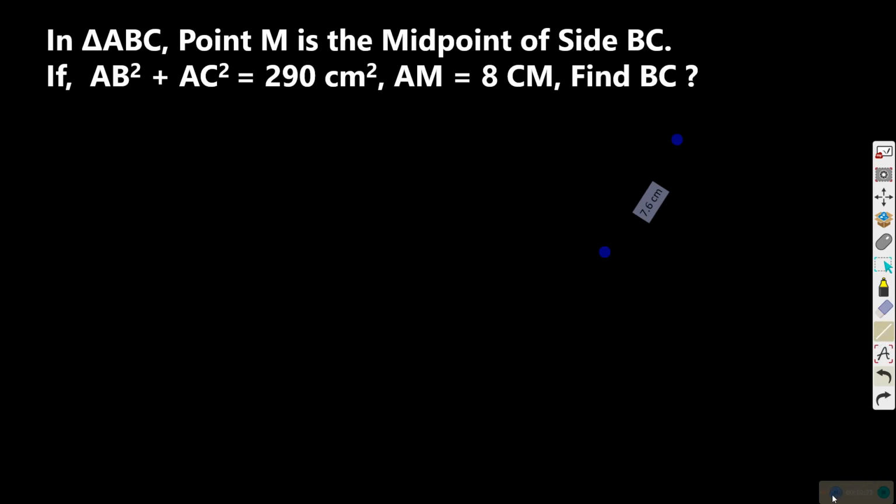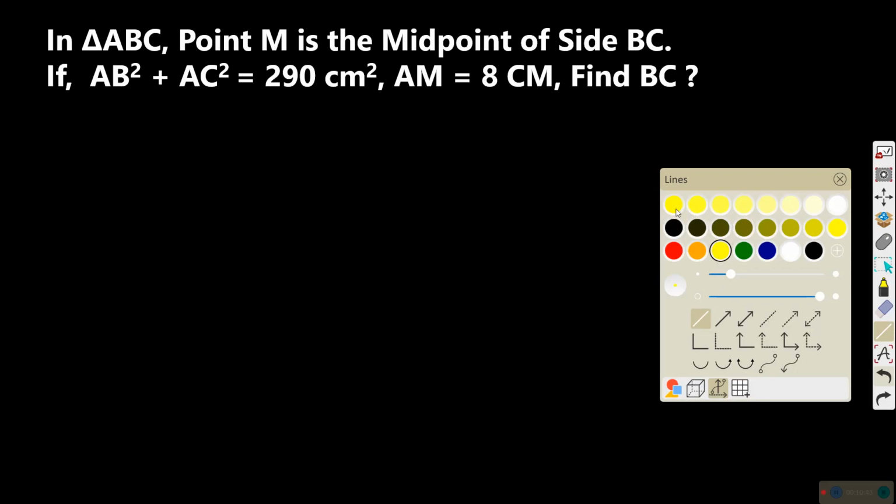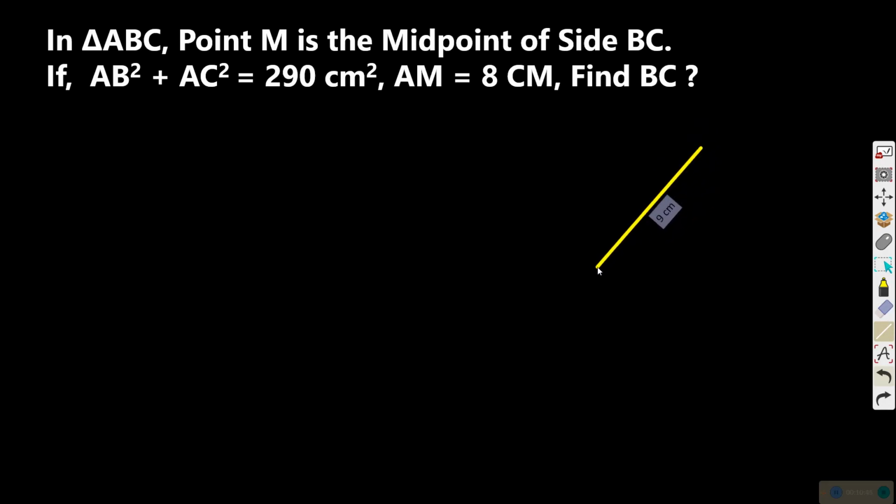Okay. Let this be the triangle ABC. And it is given that M is the midpoint of BC.